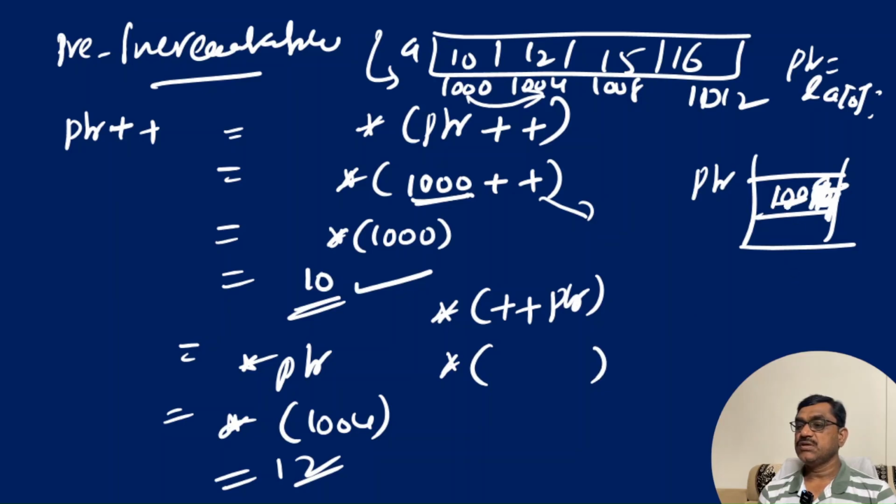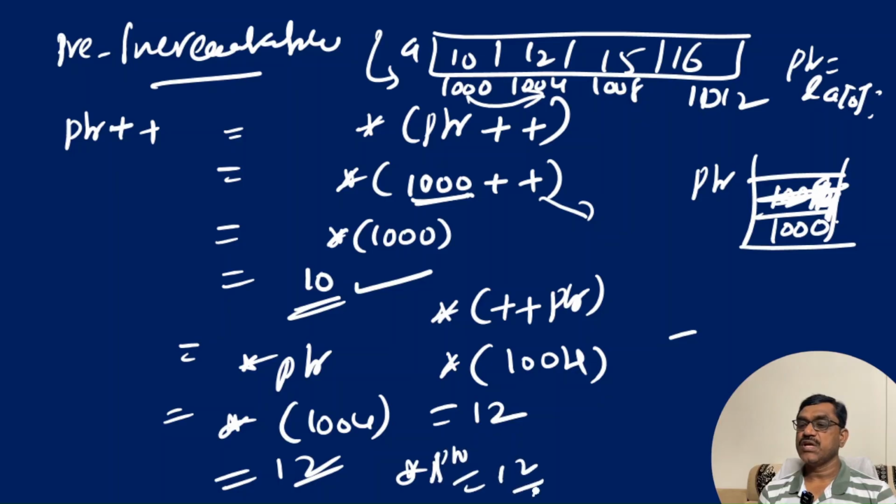Assume we have the initial value 1000. First the incrementation is done, then we get 1004, so star of 1004 gives 12. If you print star of ptr again, we also get 12, two times. This is how we perform post-incrementation and pre-incrementation.